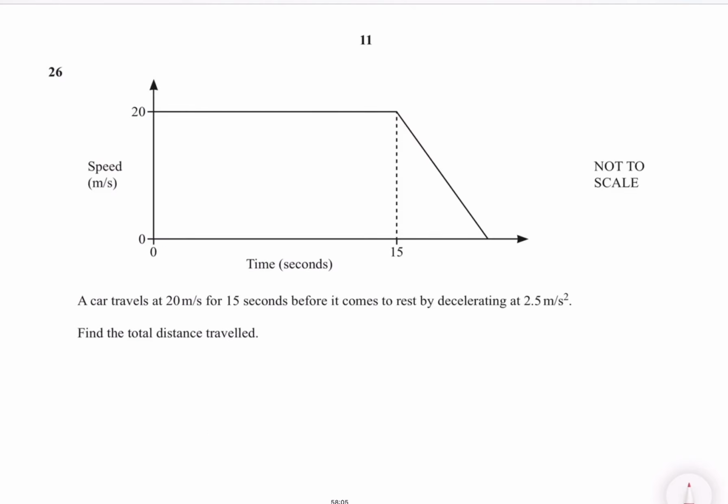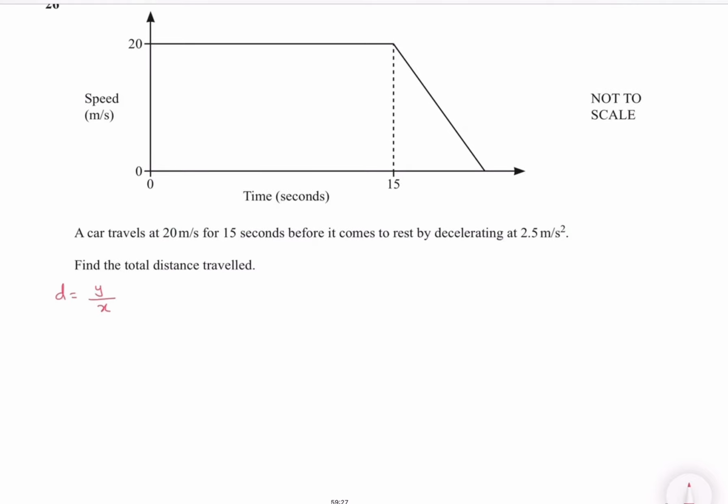Question number 26. A car travels at 20 meters per second for 15 seconds before it comes to rest by decelerating at 2.5 meters per second squared. Find the total distance traveled. So first of all, find after 15 seconds how much time it took. So deceleration equals y over x.